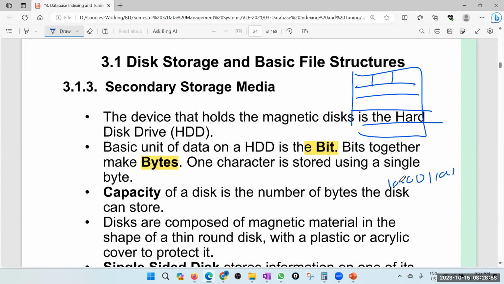We can categorize a set of bits as 1 byte; 8 bits is 1 byte, and 2 to the power 10, 1024 bytes, is a kilobyte, and so on. So we can say we need this many bytes of storage to store this particular record, this particular table.